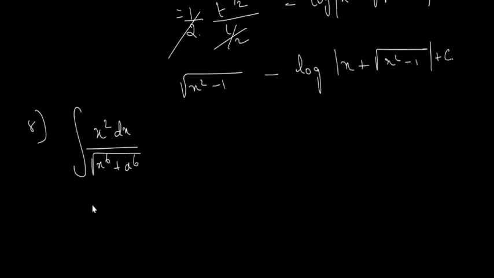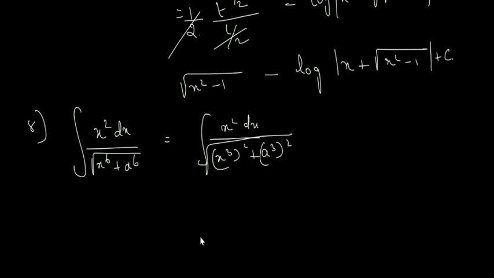Integrate x square dx by x power 6 plus a power 6. So this is again x square dx by x power 3 the whole square plus a power 3 the whole square, root. So put x cube as t. So we'll get 3x square dx is dt.